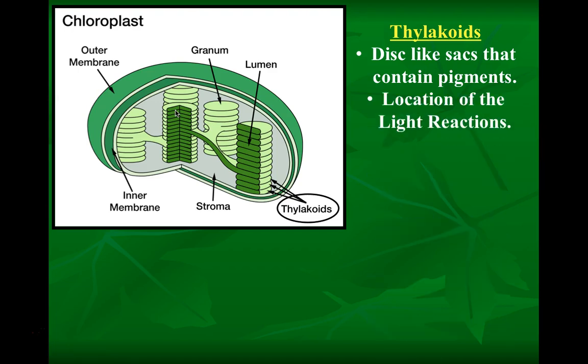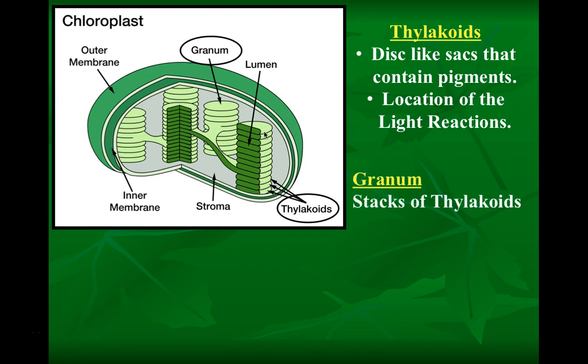The thylakoids are the location of the light reactions. So the light energy will go through the chloroplast into the thylakoid, and it is inside this thylakoid membrane where the water becomes split, hydrogen is stored in the bonds of ATP, and oxygen is released.